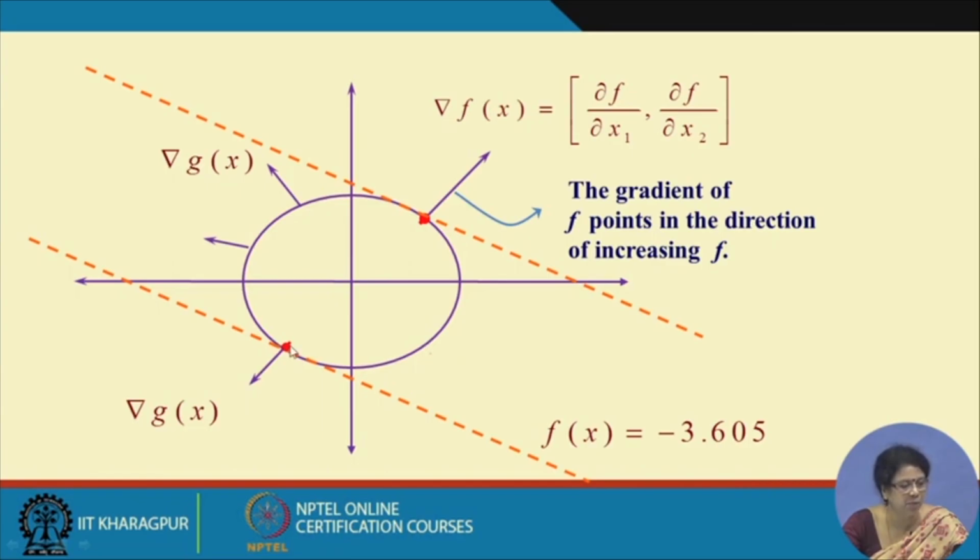At the minimum point you must be seeing that the gradient of the constraint and the gradient of the objective function are just opposite to each other. Did you see? And what about at the maximum value? At the maximum value, the gradient of the objective function and the gradient of the constraint are in the same direction.